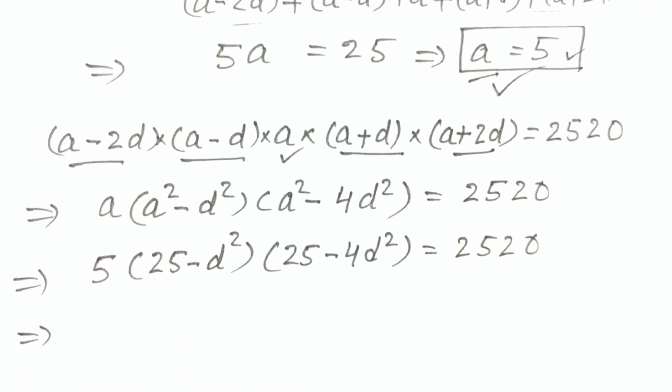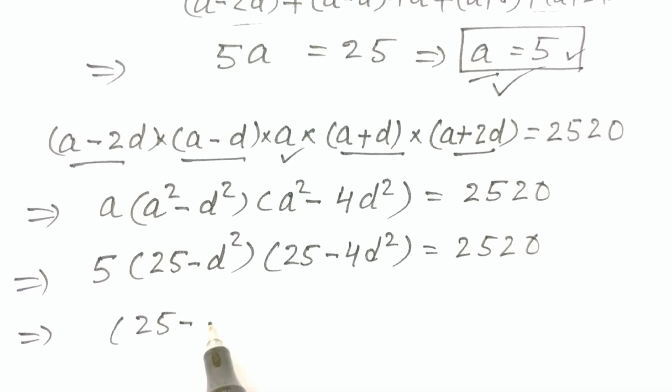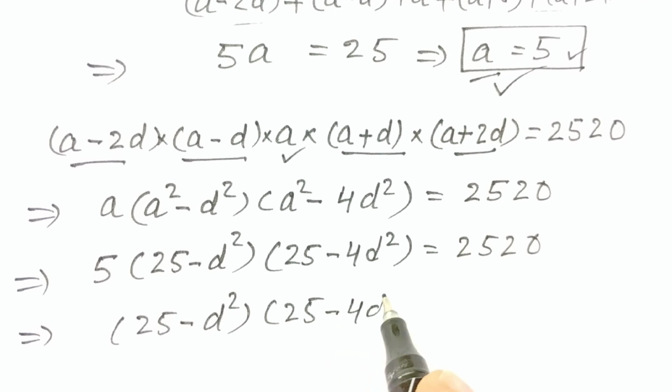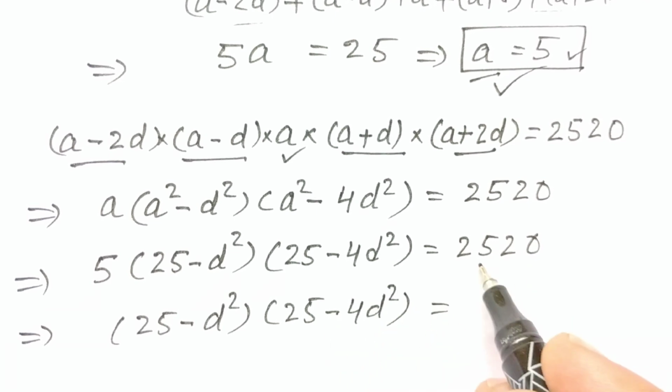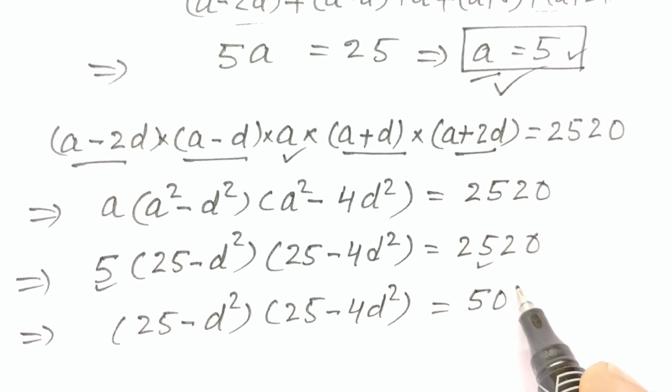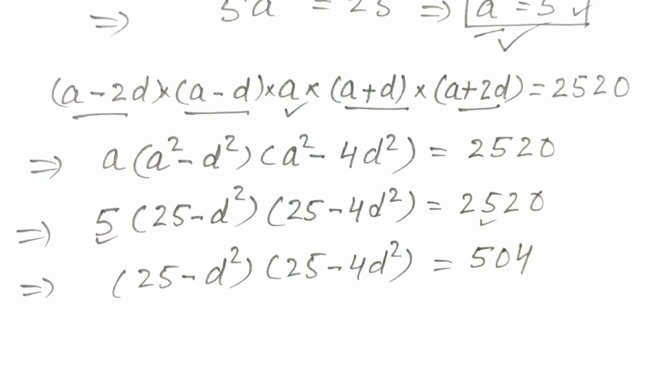Now 25 minus d square, 25 minus 4d square is equal to this over this. So 504, okay?